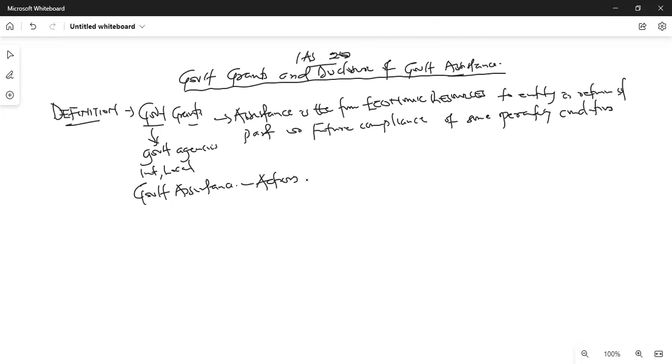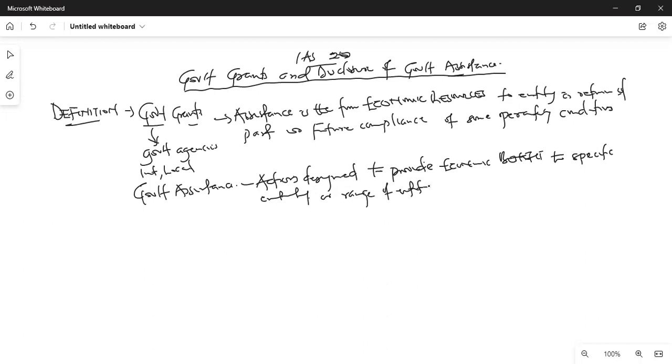It's an action designed to provide economic benefits to a specific entity or range of entities qualifying under a certain criteria.